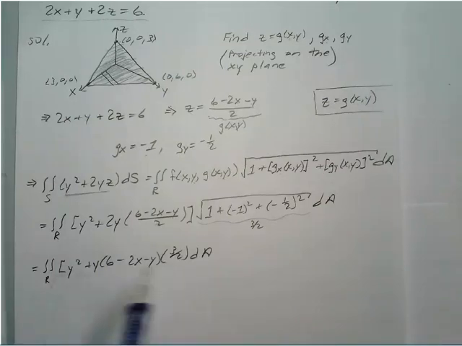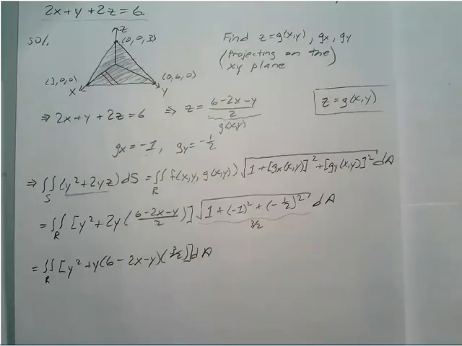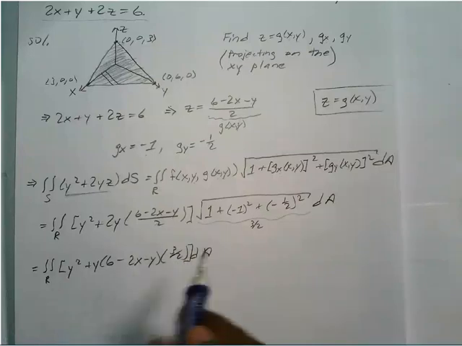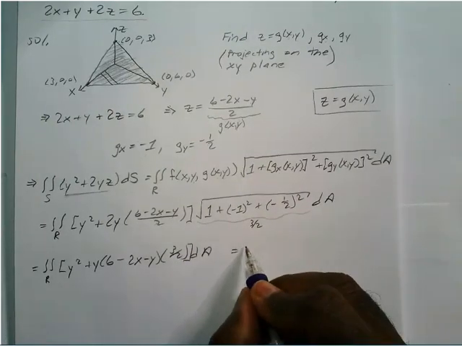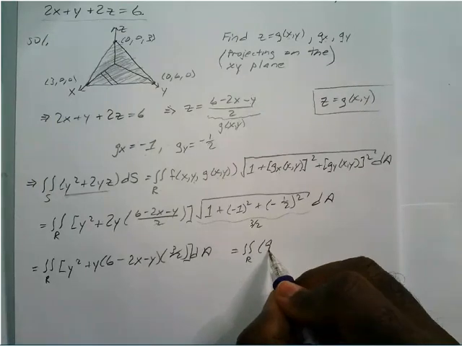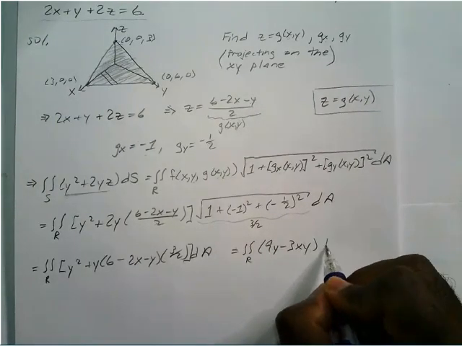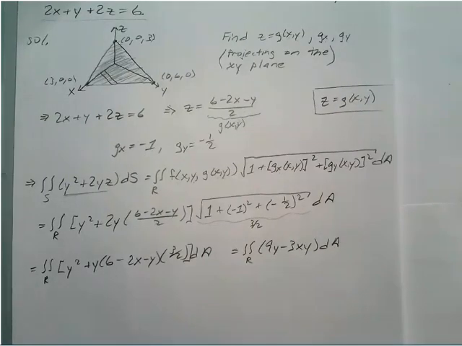Now we simplify this by distributing and multiplying, and we end up with the double integral over the region of 9y minus 3xy with respect to the area.